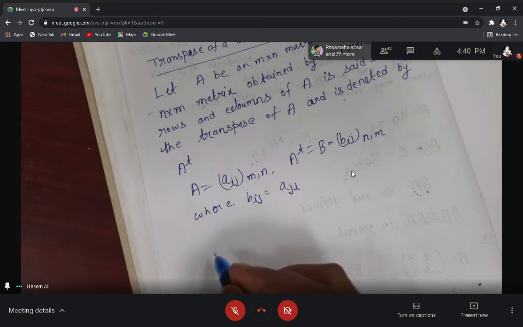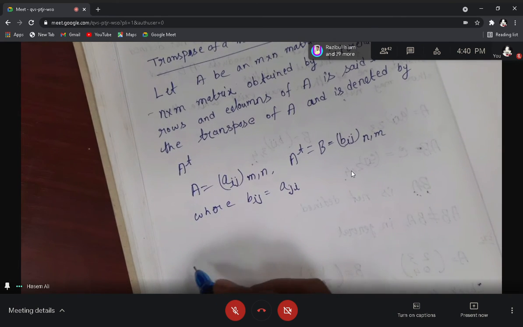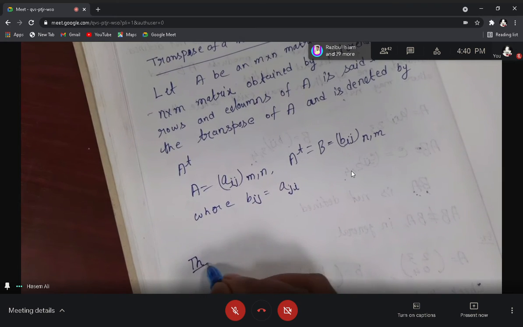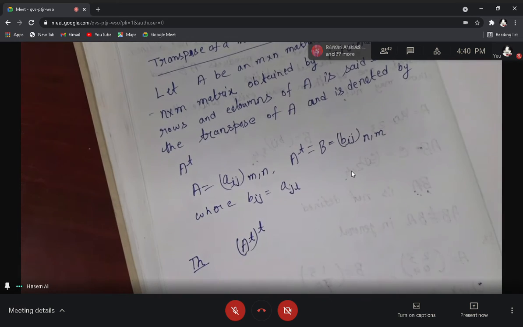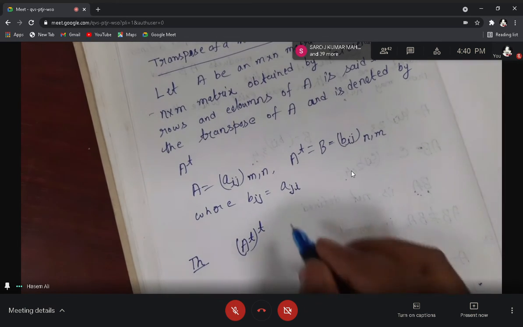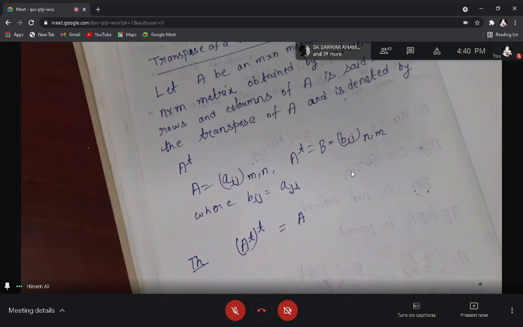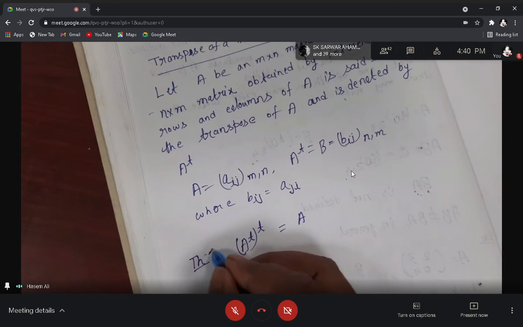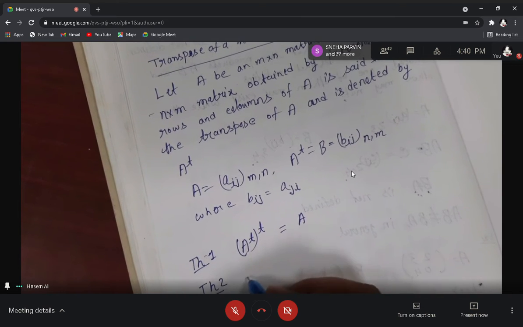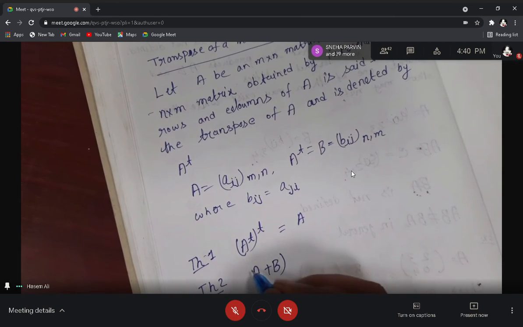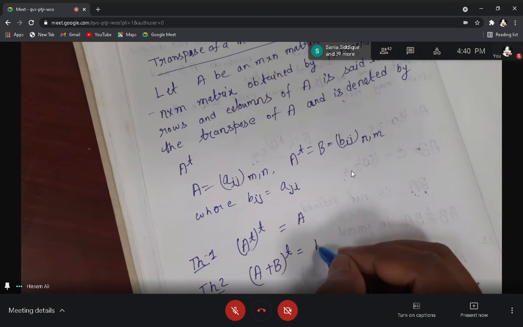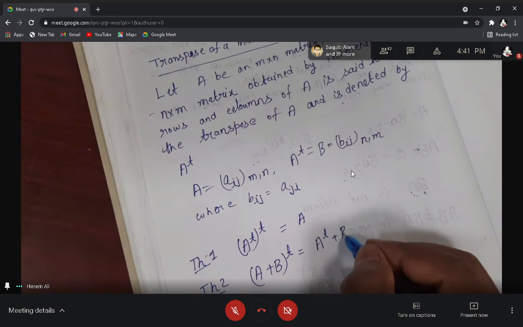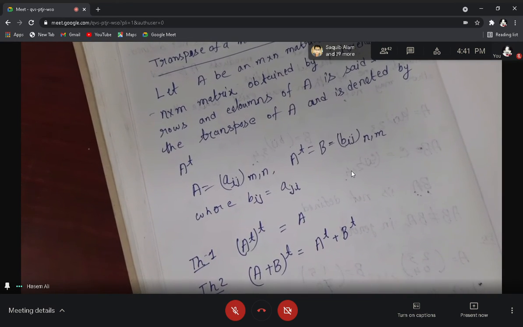Now, the first theorem: transpose of A transpose will be A. Now theorem 2: (A plus B) whole transpose will be equal to A transpose plus B transpose. The proof is not important.